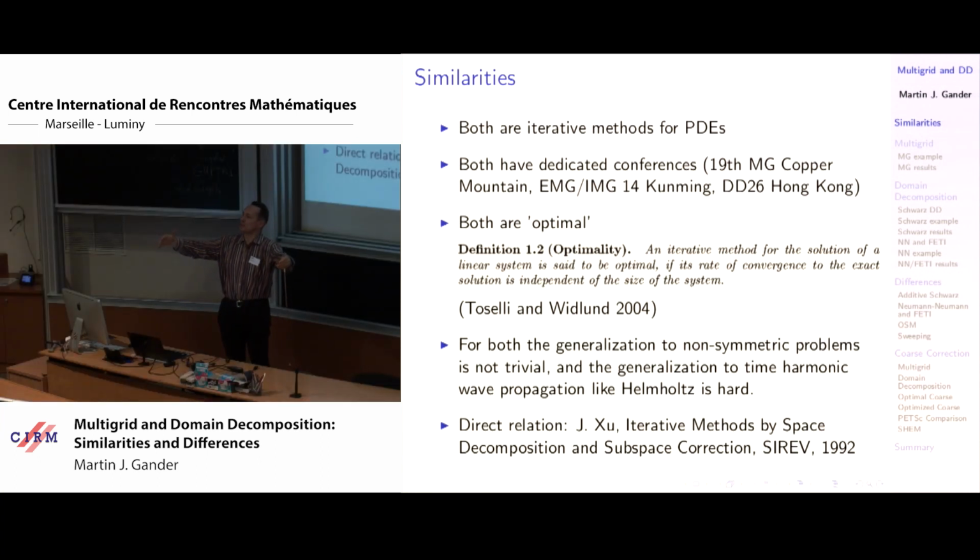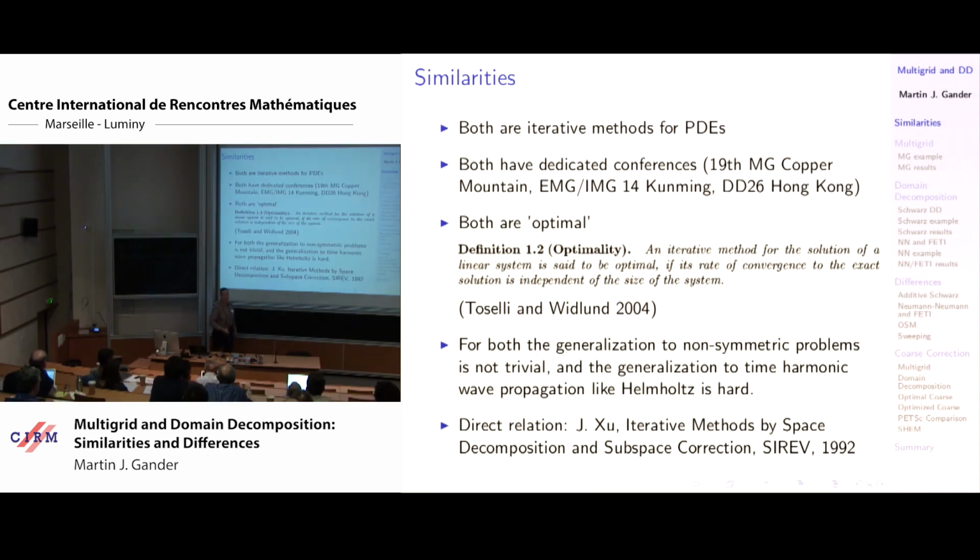Now imagine that these subdomains become smaller and you have fewer and fewer unknowns. And at some point, there is just one unknown left. Then if it was a Schwarz method, you have now a point Jacobi method. So there's a direct relation between a point Jacobi iterative smoother and the Schwarz method. That's the link he exploited in this paper. So there's a direct relation between these methods.